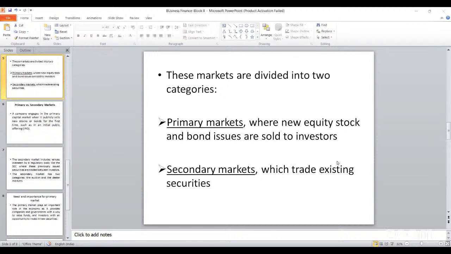So in the primary market, we sell new equity stock and bond issues, whereas in the secondary market, existing securities. Whatever certificate you have, you deposit that certificate and take a loan against it. That is referred to as your secondary market.